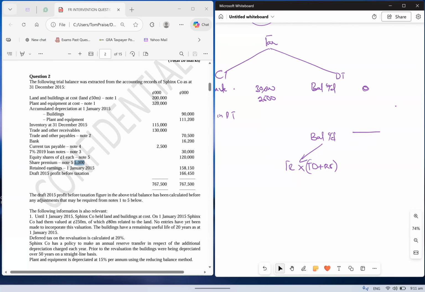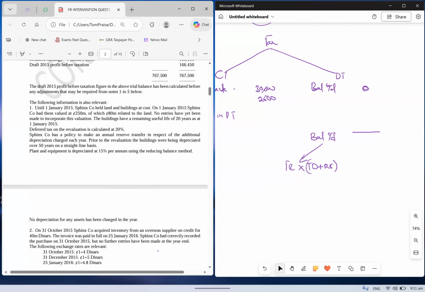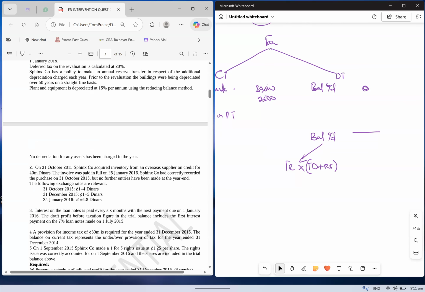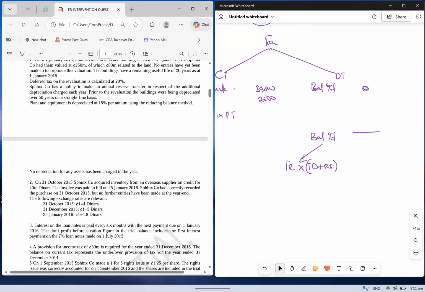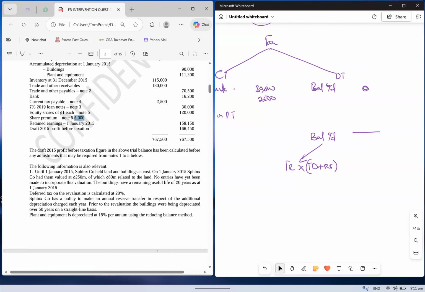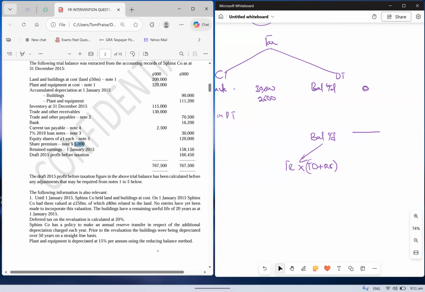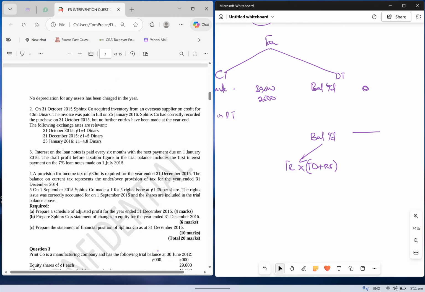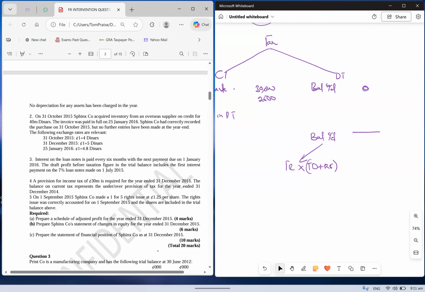Revaluation surplus. So we know our tax rate in this question. What is the tax rate? Do we have it? 20%. It's 20%.